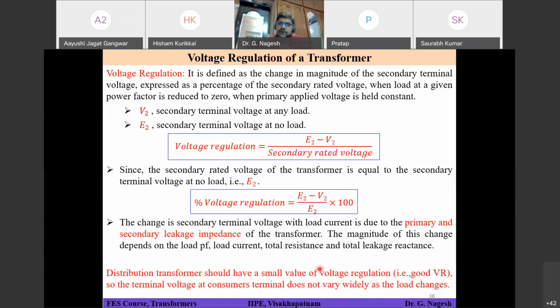A small value of voltage regulation is considered good voltage regulation, so that the terminal voltage at the consumer's terminals does not vary widely as the load changes. For a distribution transformer we should have a very small value of voltage regulation, which indicates good voltage regulation.